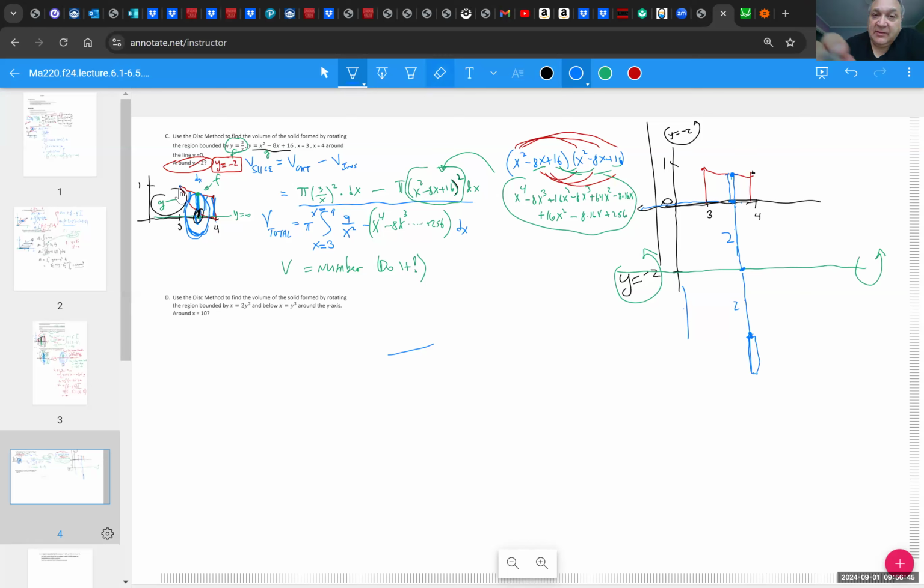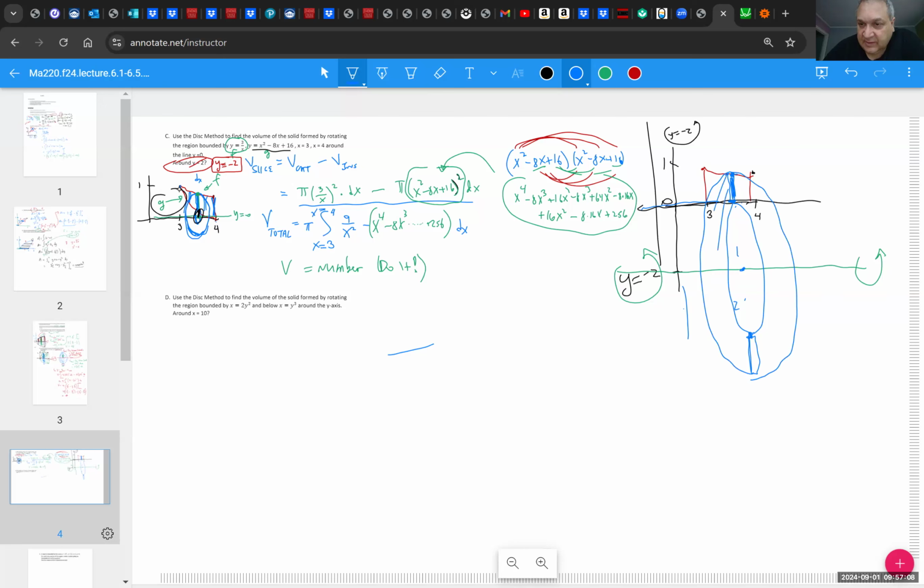All right, so that's my mirror image of the rectangle. Let me connect things together. So I'm going to have this hole in the middle. That's the part that doesn't count because our region is right here. We're going to do this thing right here.